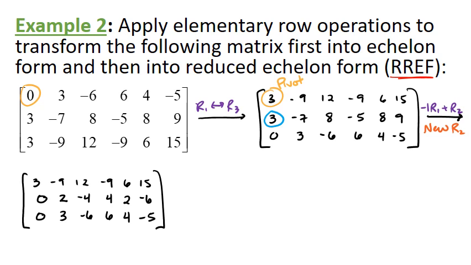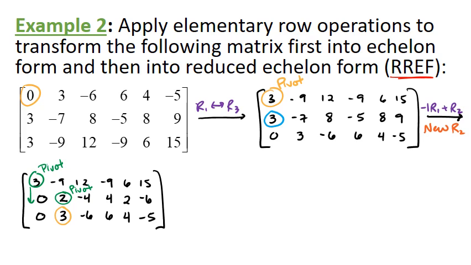Okay, so this is a pivot, and now this is a pivot. Everything below the first pivot is 0. However, that's not the case for the second pivot. Now what I'm going to do is everything I can to make this 0 because I need zeros below each of my pivots.